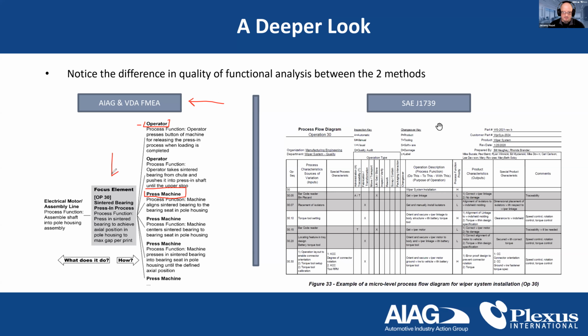So this is a key difference between the functional analysis here and the functional analysis structure mashup, let's say, in SAE. Am I saying that you need to go this route in order to have a high quality of event? Absolutely not. I am not advocating for one nor the other. This is simply differences.